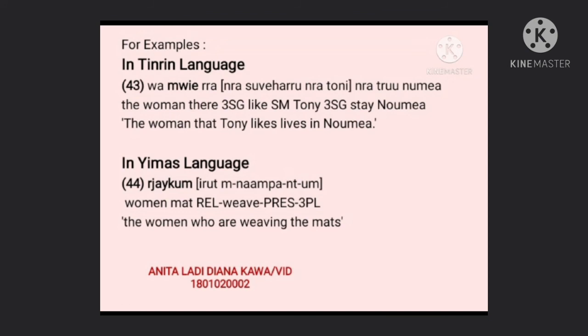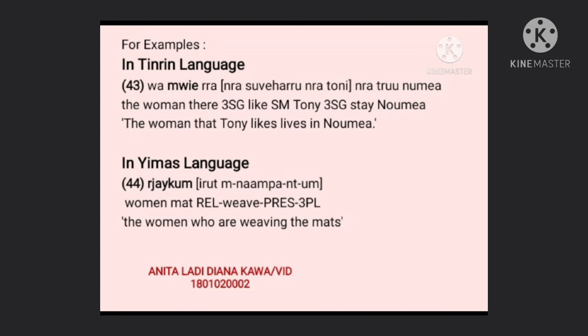For example, in the Tinrin language, in 43, you can see on the slide: Wamye Randra Suvenharu Ratoni Ratrunomia. The woman, there is three singular, like is the subject marker, Tony is three singular, stay in Nomea. In English: the woman that Tony likes lives in Nomea.